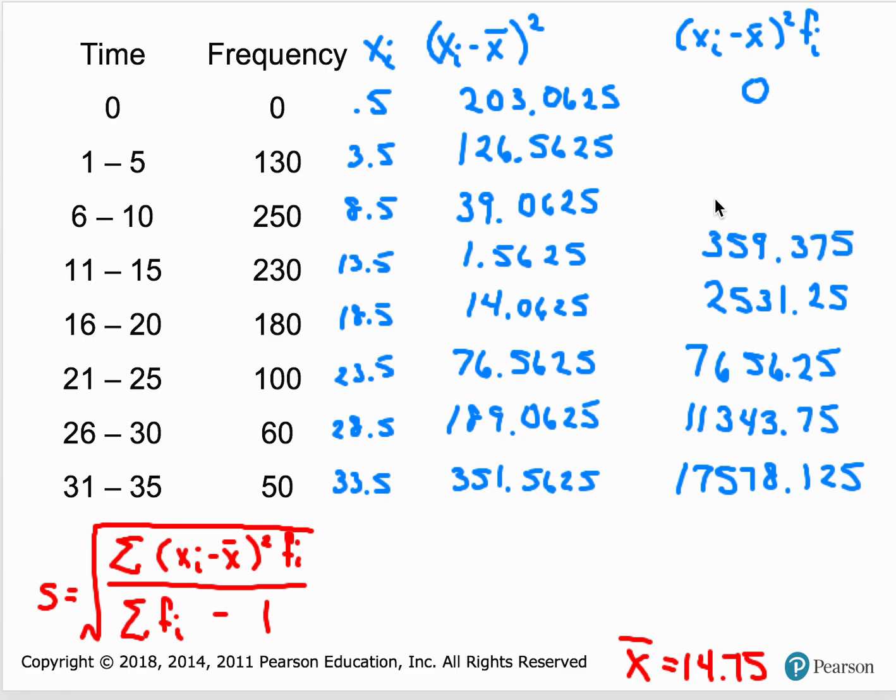Okay, 39.0625 times 250, 9765.625, and finally 126.5625 times 130, 16,453.125.